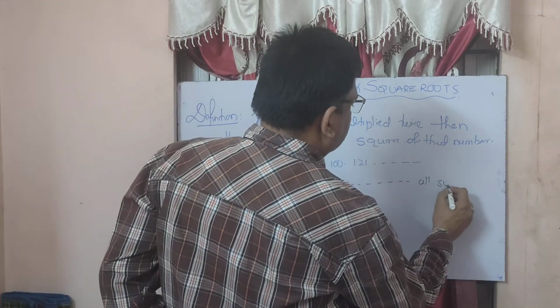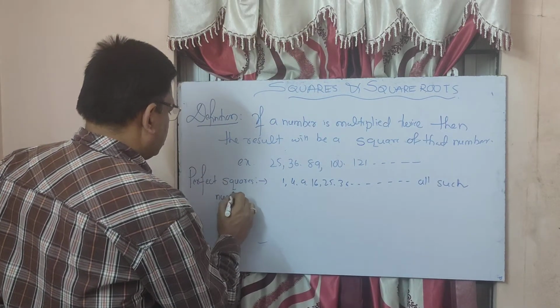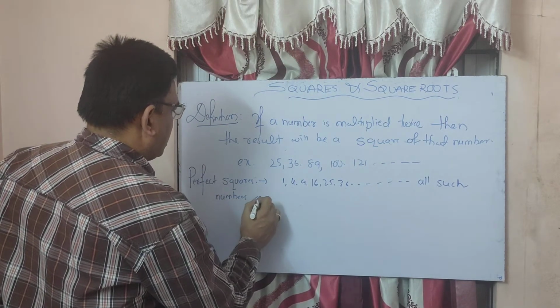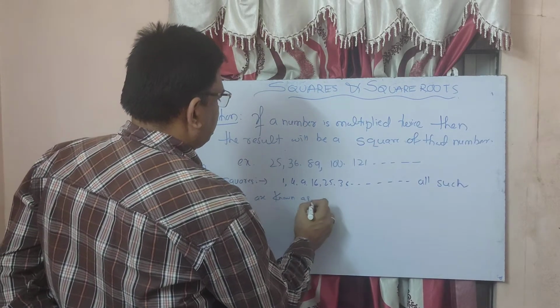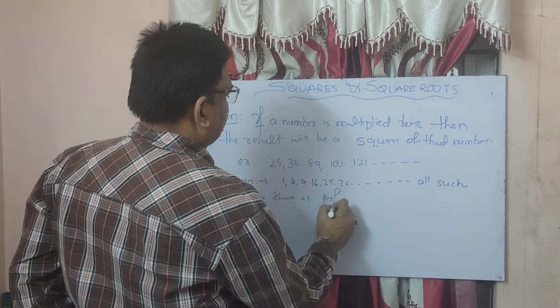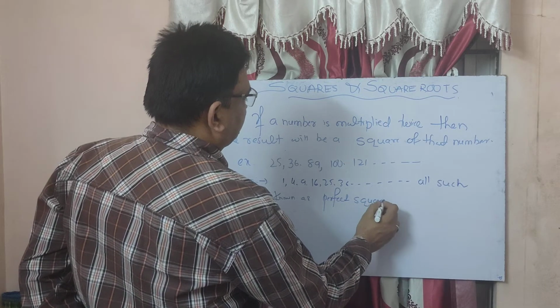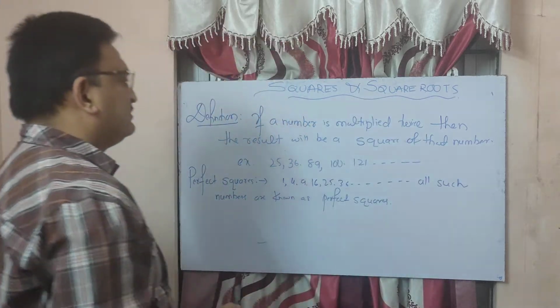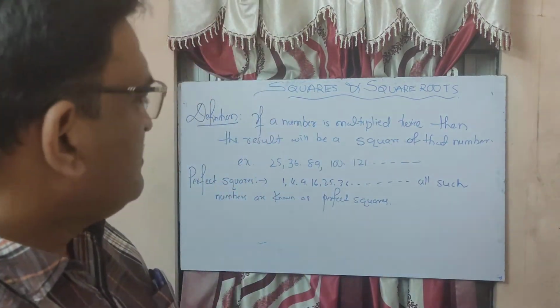All such numbers are known as perfect squares. Such numbers are called perfect squares.